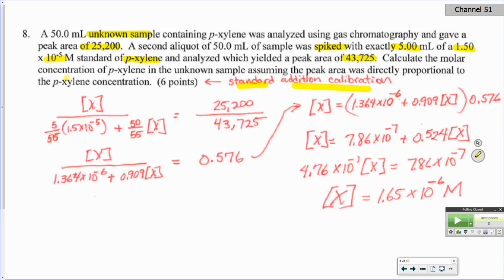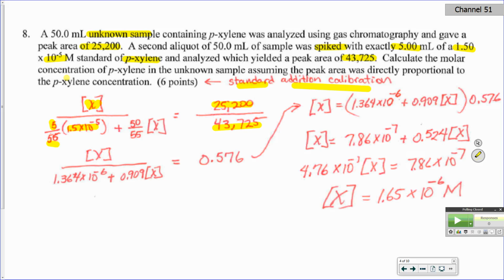But what you simply do is set up the ratio of the concentrations is equal to the ratio of the signals. So the original sample produced this signal. The second sample that spiked produced this signal. And then you had to find out what's the concentration. So I took 5 mL of this known concentration, and it was in a 55 mL volume.